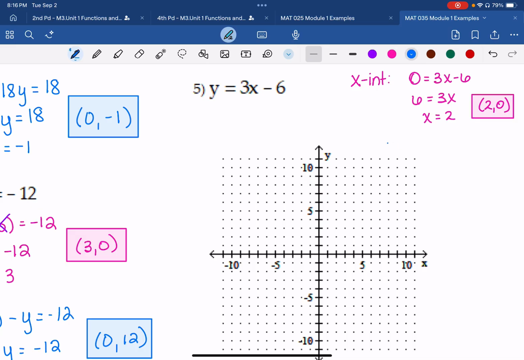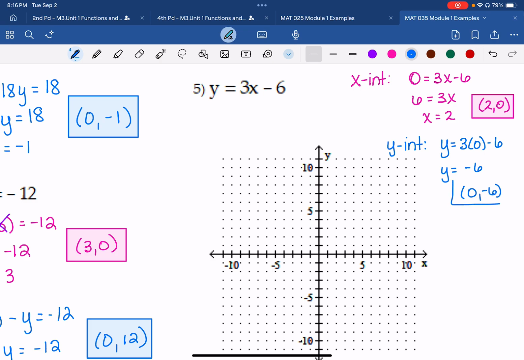For the y-intercept, that's when x is equal to 0. So y equals 3 times 0 minus 6. So y equals 3 times 0 is 0. 0 minus 6 is negative 6. So that's 0, negative 6.